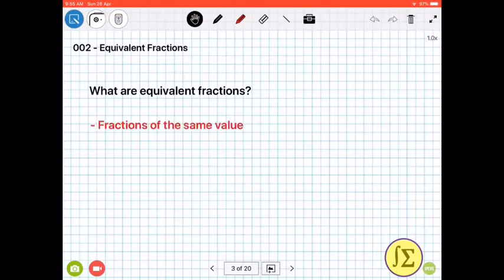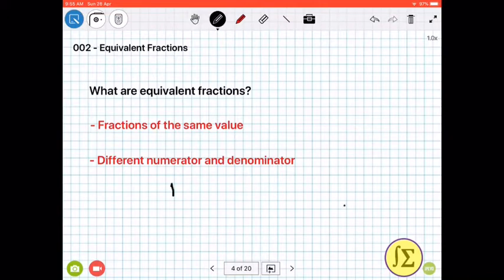The numerator and the denominator, the number above and below of the fraction, will have different values. Okay, so for example, 1 over 2 and 2 over 4 are equivalent fractions.